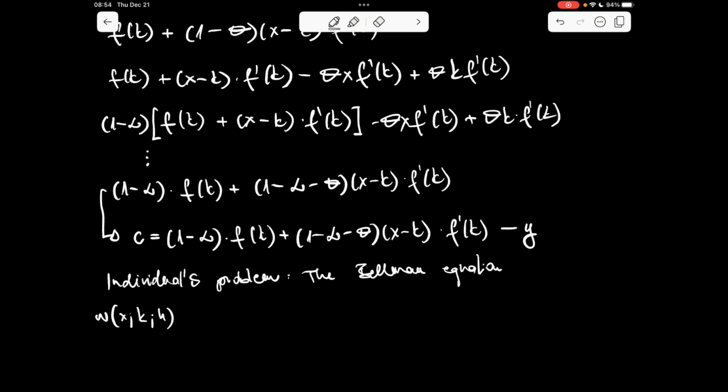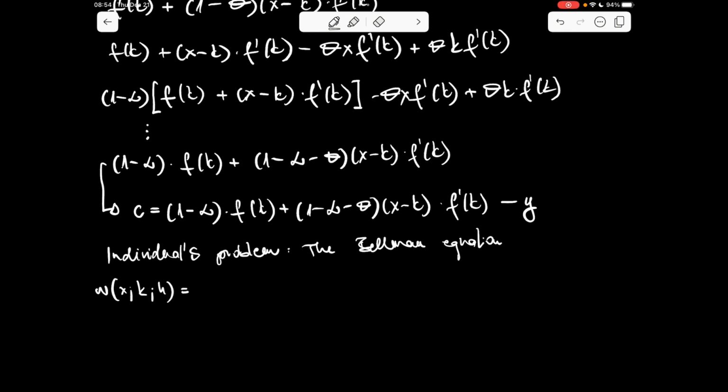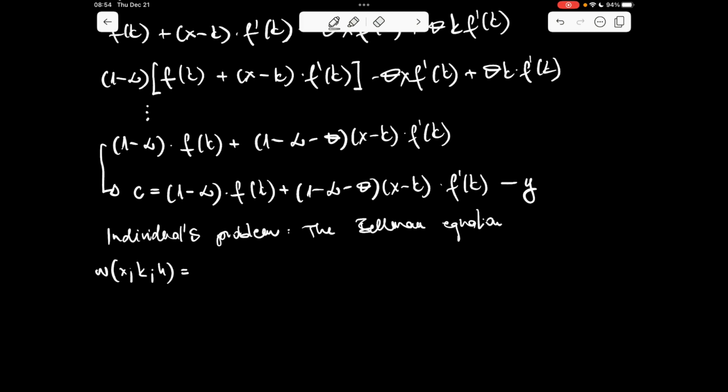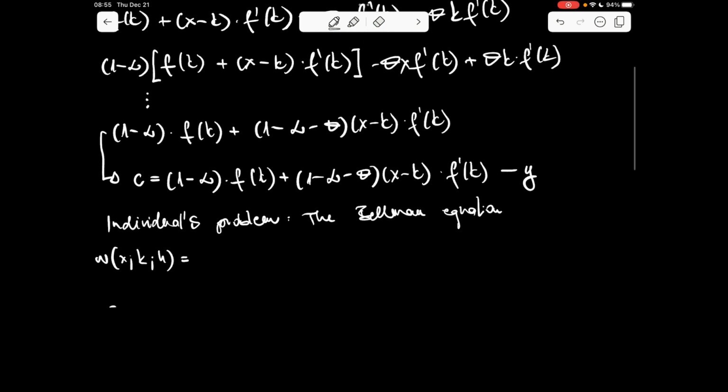It's a three-variable function where x is the agent's own capital, k is the capital stock owned by other agents, and function h is the policy function the agent expects to work in the economy.